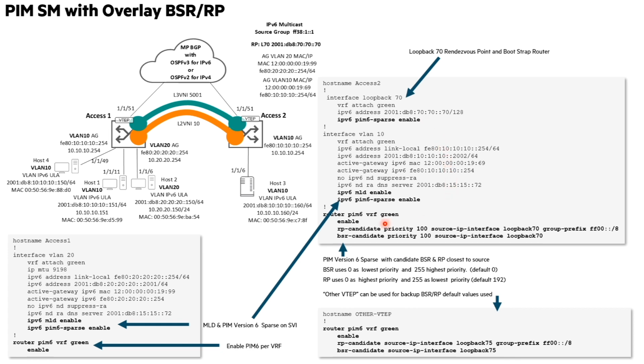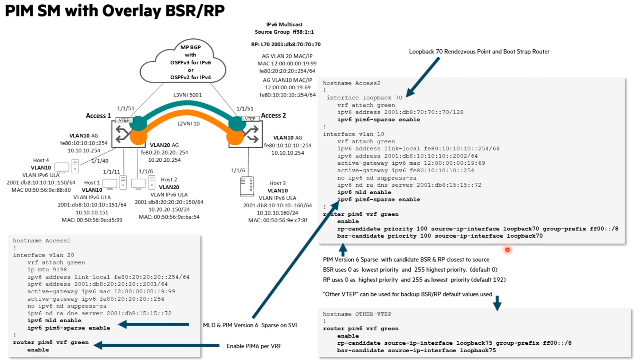And then within the routing process for PIM6, you can put in parameters for the bootstrap router and the rendezvous point and add priorities, as well as define the source interface for the BSR and for the rendezvous point.